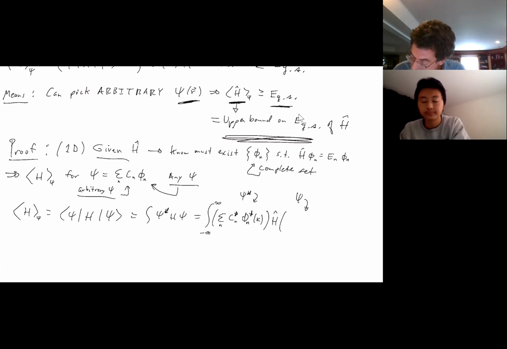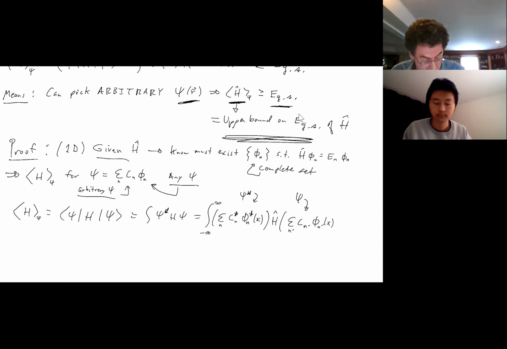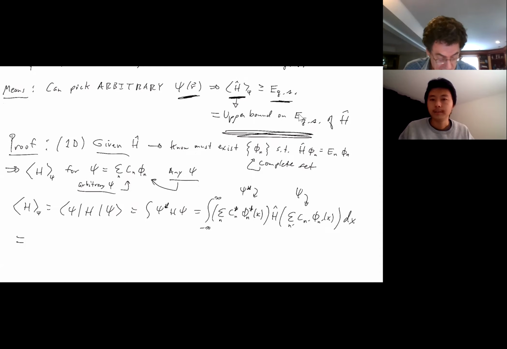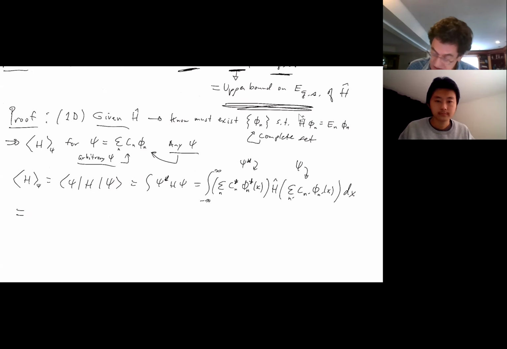And psi is going to be just, I have to pick a new summation variable, it'll be the sum over n prime of c n prime phi n prime of x, dx. Okay, so that's the expectation value of the Hamiltonian. And now I just have to do that integral. So let's pull out the summation sign.